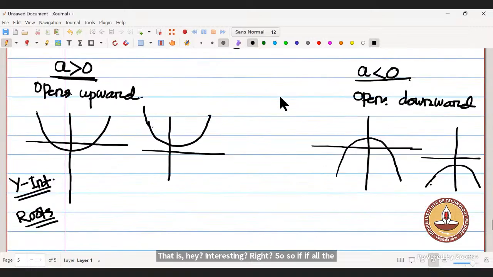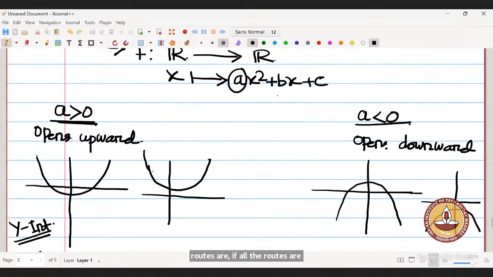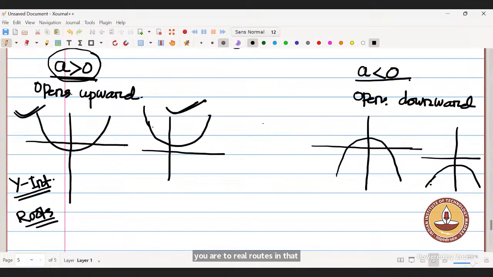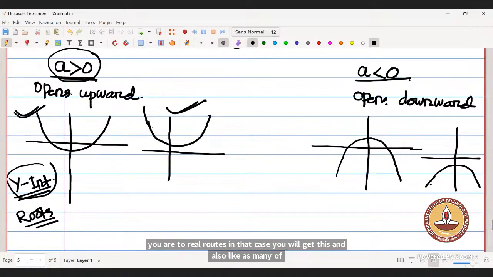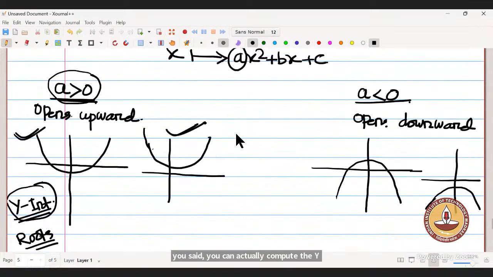So if all the roots are imaginary, and of course, if A is greater than 0, in that case, the graph will look like this. It will never cross the x-axis, right? And if you have two real roots, in that case, you will get this. And also, as many of you said, you can actually compute the y-intercept as well.